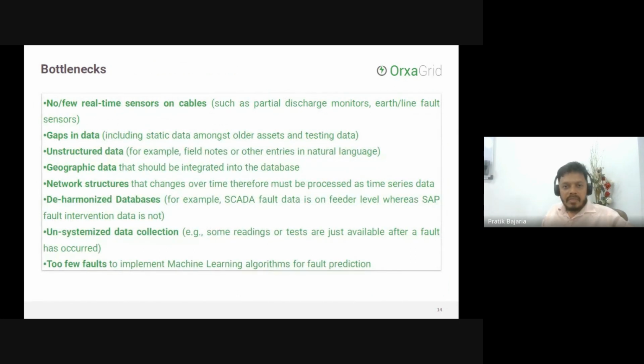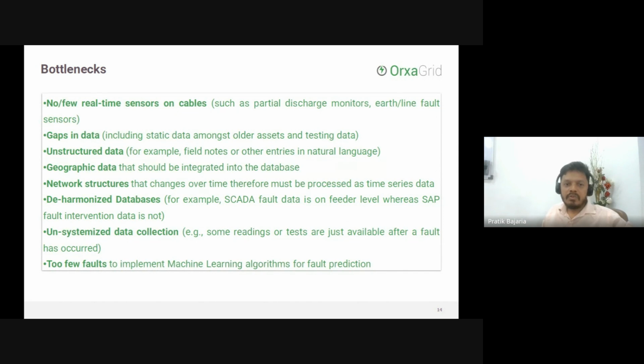Okay, then what are the bottlenecks? Having spoken about what the failures are and how you want to tackle them, the set of issues that you could possibly face when you try to solve a problem becomes very evident, right?